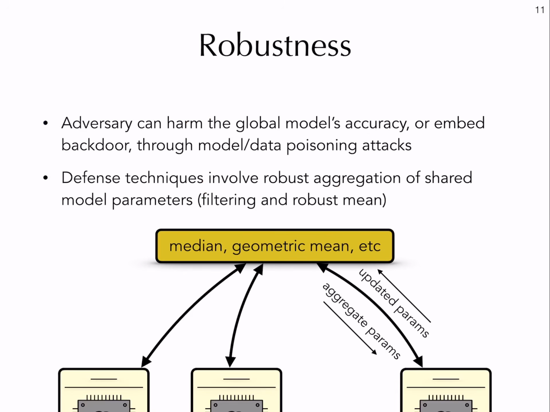Continuing on the line of active attacks, if the attacker's objective is to impair the global model and later all the models which are going to be used by the local participants, he can do so by basically trying to attack the aggregation algorithm which is used. We know that element-wise mean is very vulnerable.